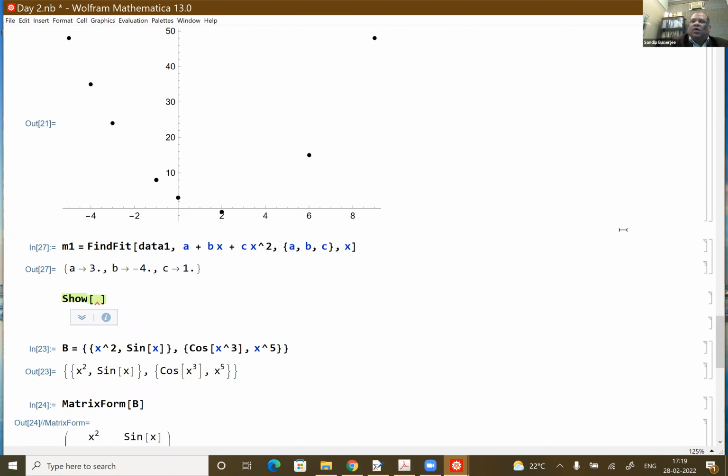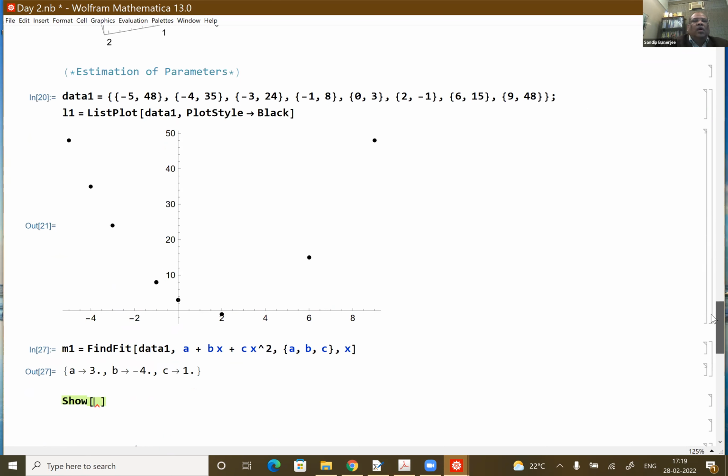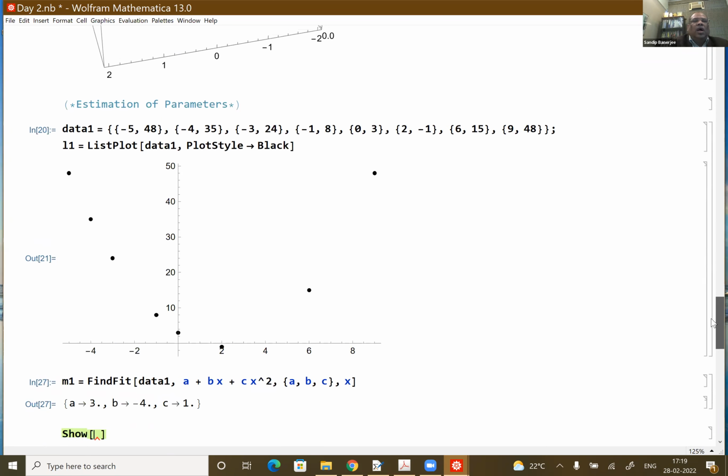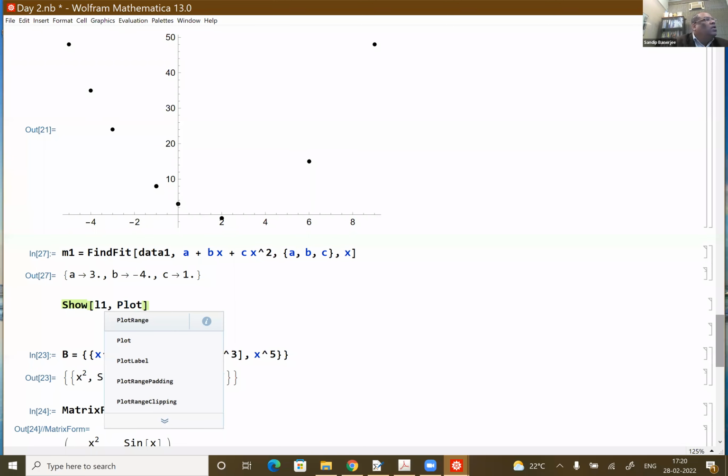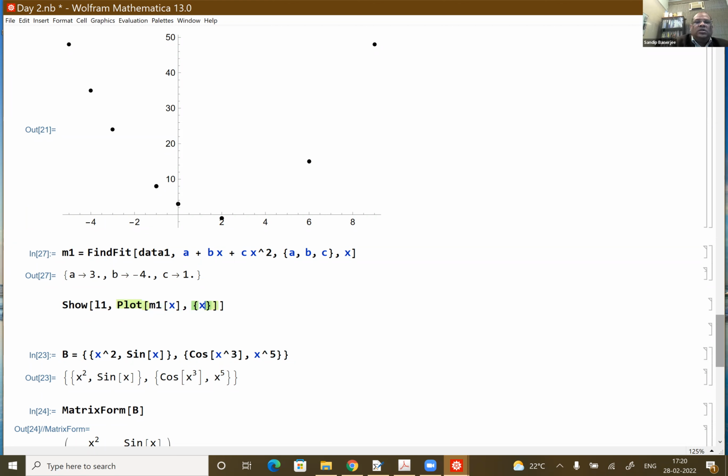So I have my L1, Plot N1 of X, and I will vary my X from -5 to, say, 10. Let's see.